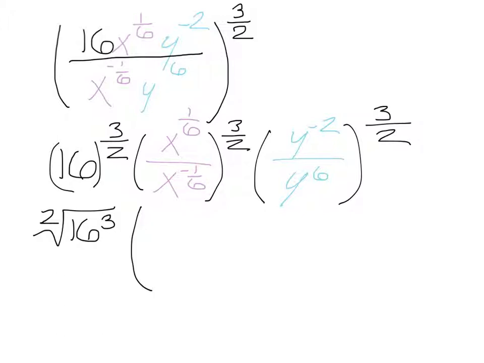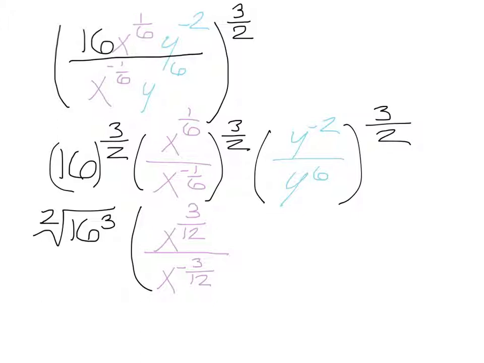So first off, let's think about x to the 1/6, and then let's think about that 3/2. So what I'm really doing is I'm taking x to the 1/6 times 3/2. So that becomes x to the 3 for 3 times 1, and then over 6 times 2, which is going to be 12. So x to the 3 over 12. And same thing on the bottom, x to the negative 3 over 12.